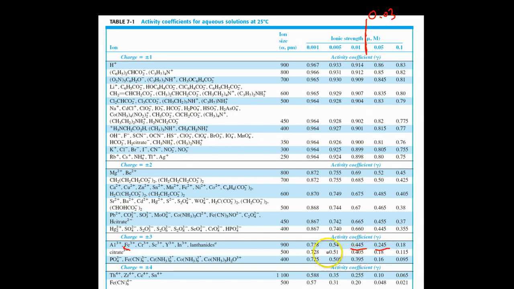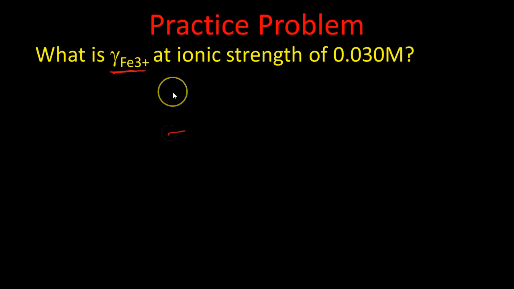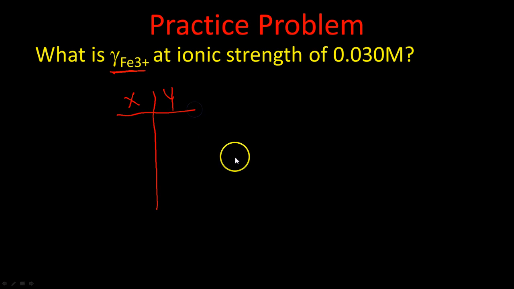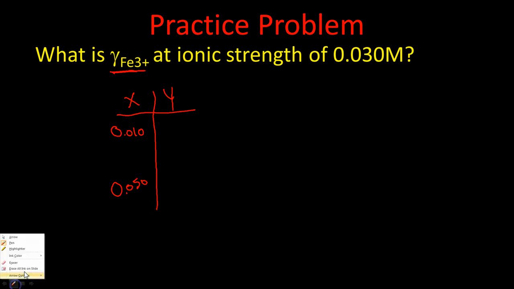I'm going to set this up with an x and a y. We sandwich our unknown x between two x's that we do know: 0.010 and 0.050, and the unknown is 0.030.